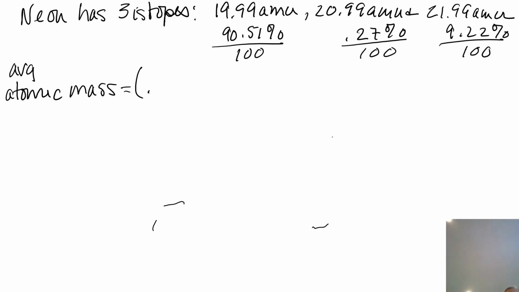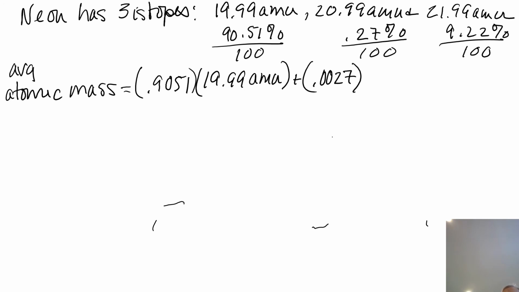So I take my decimal 0.9051 times the atomic mass of that isotope in AMUs plus 0.0027 times 20.99 AMUs.